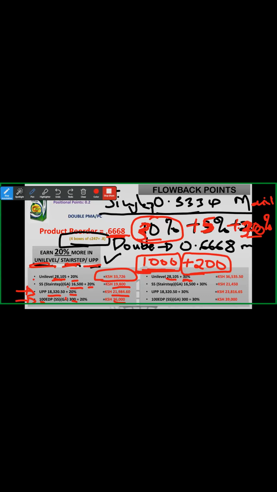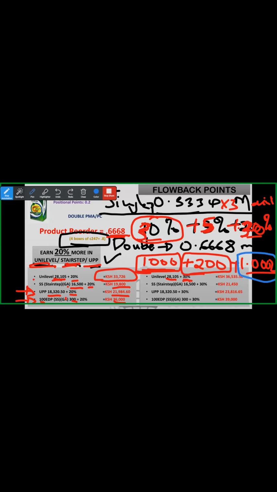Triple maintenance ni 0.334 times 3. Inakuanga around 1.0002, if I'm not wrong. That is for triple maintenance. This is for someone who has decided anataka kuenjoy more. Are we together?